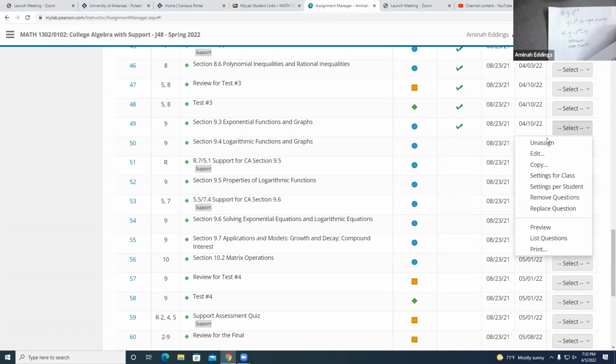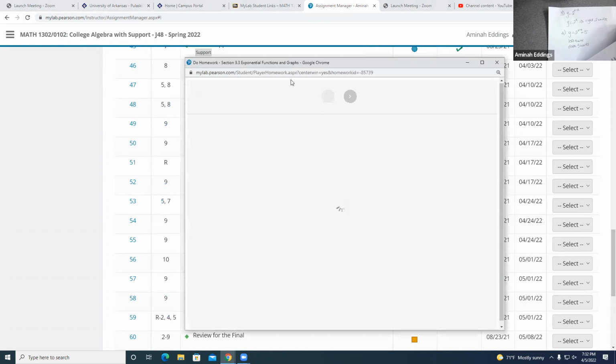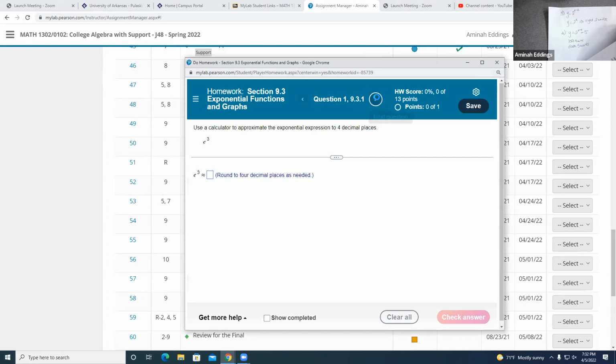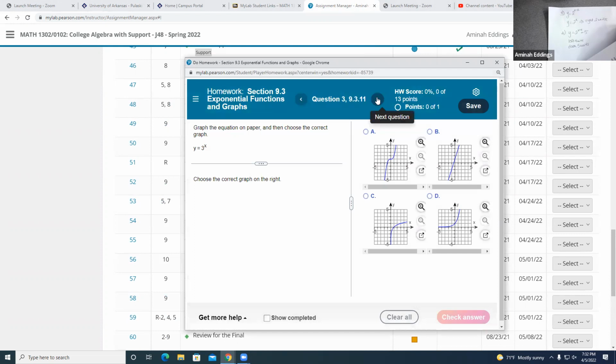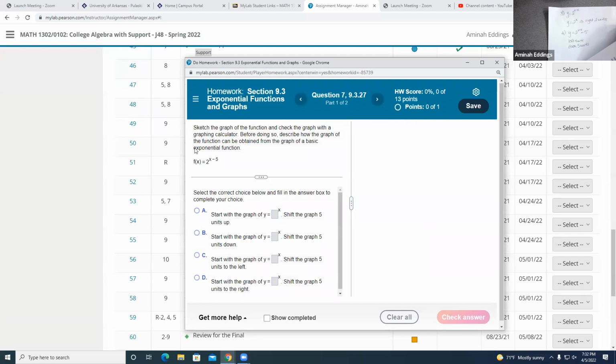Mine looks a little different from yours. All right, so this is not the problem that I'm concerned about. You can just use your graphing calculator for that. Here, you're just simply graphing. The ones that kind of get you are the ones in which you have to sketch using your transformations. And so I kind of wanted to go over that with you, okay?